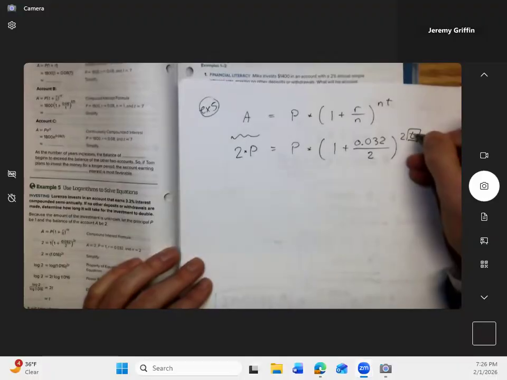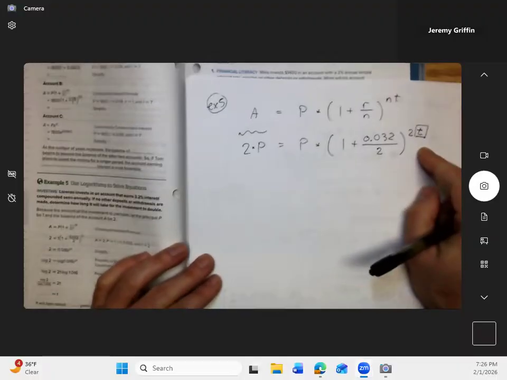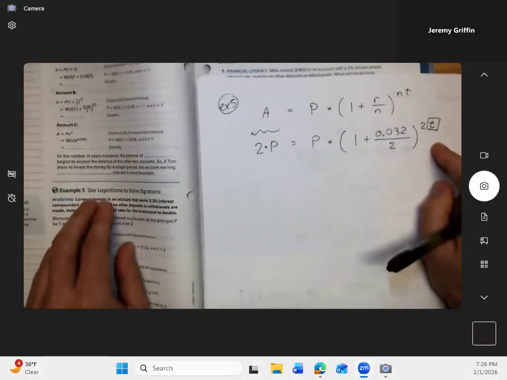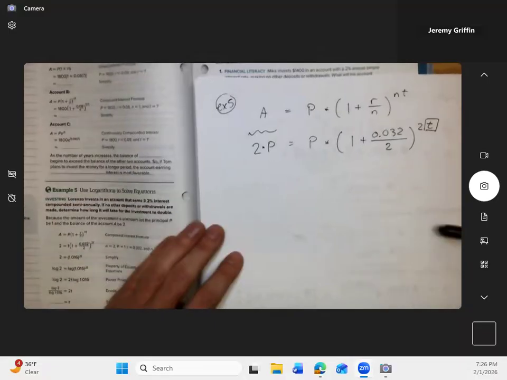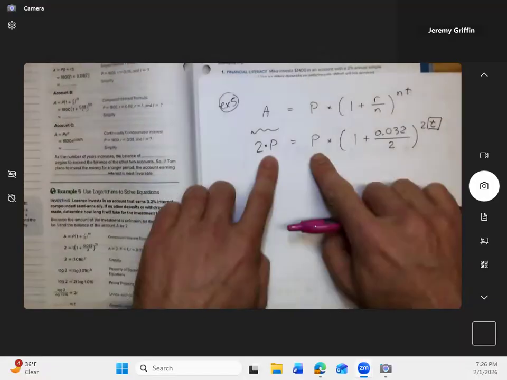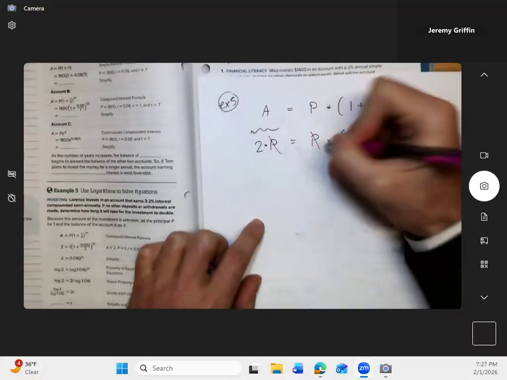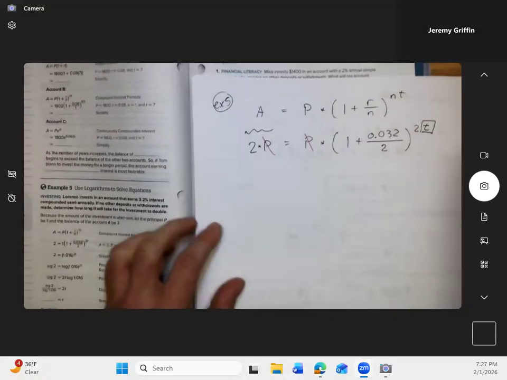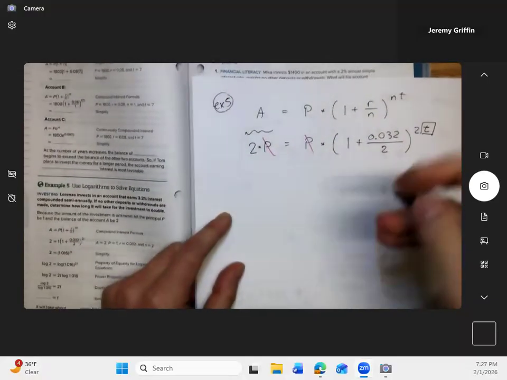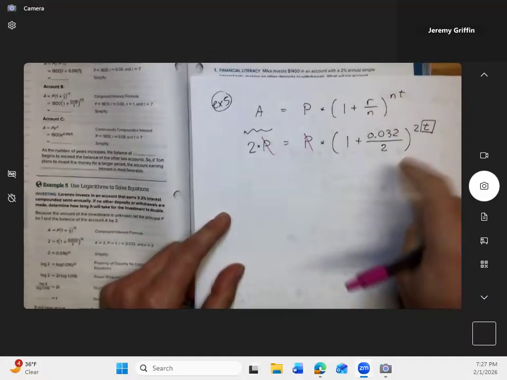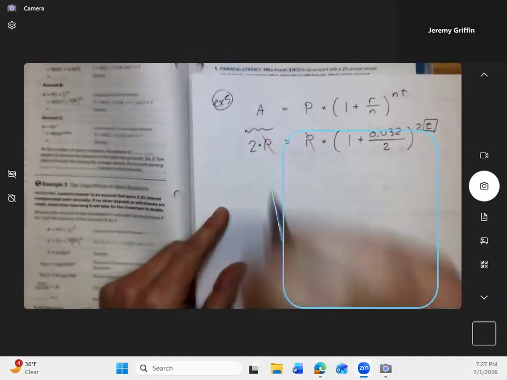So we're solving for this t, which is in the exponent, which means we're going to have to use logarithms to solve it exactly what it says. Remember I told you guys, it doesn't matter how much it puts in, $10 or $100, because regardless, the answer to double would be the same. So now I got this. I'm going to do natural log of both sides.